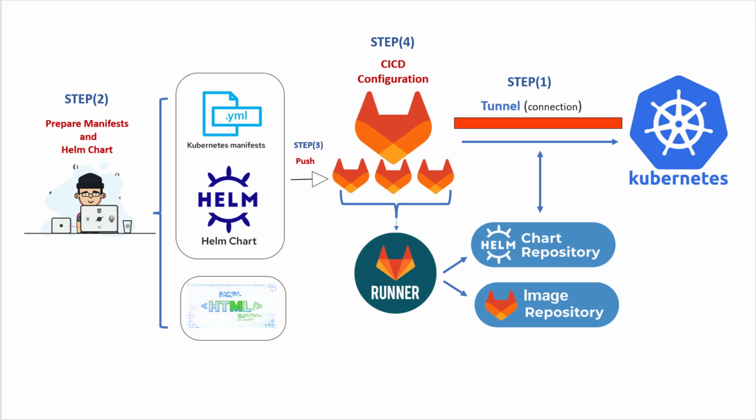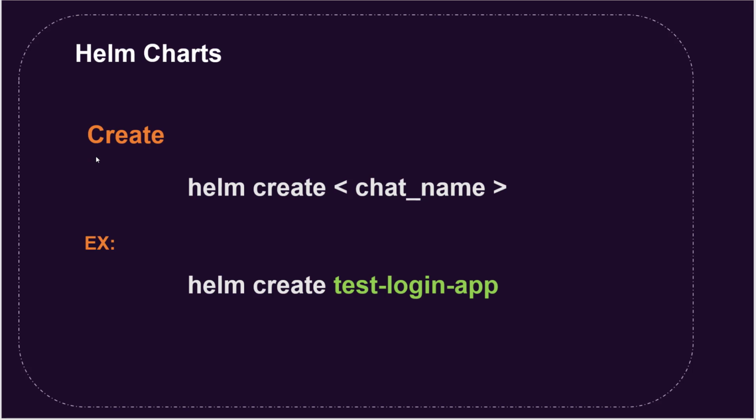Okay, let's start by creating a chart for our login application and see how it works. Before that, let's see how we can create a chart. To create a chart, just type helm create and the chart name. For example, helm create, and give it a name.